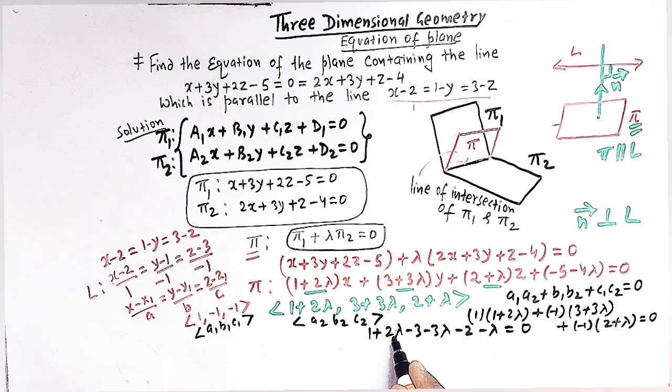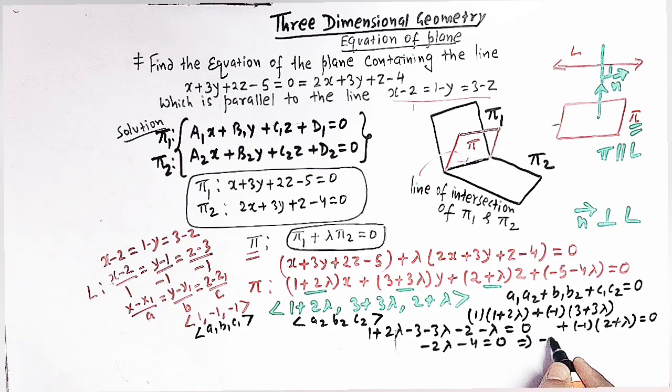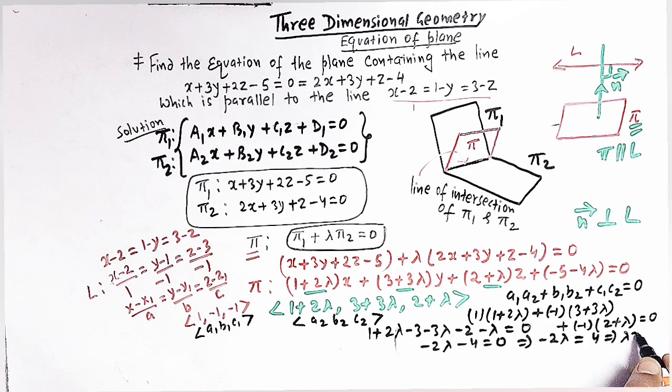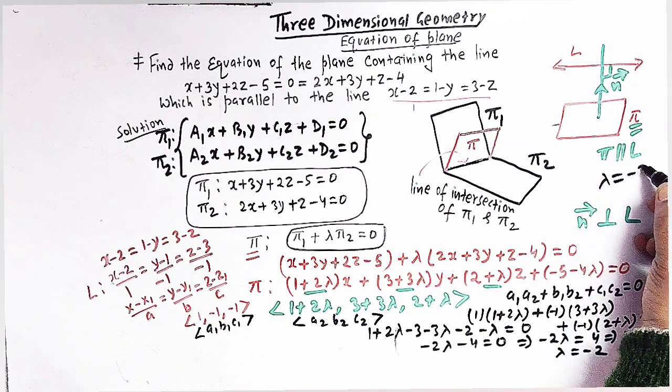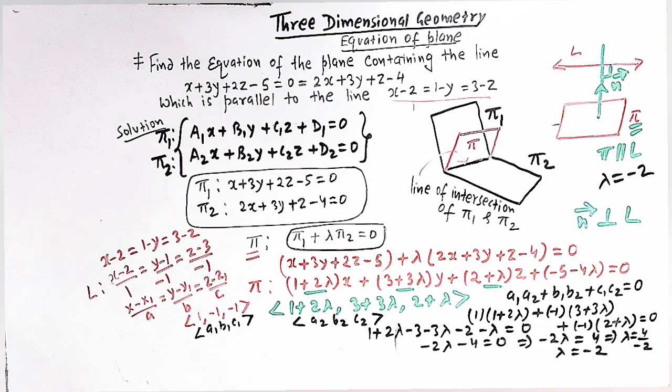So here 2 lambda minus 3 lambda is minus lambda, and minus lambda is minus 2 lambda, and here we have 1 minus 3 is minus 2, and minus 2 it becomes minus 4. So this is minus 2 lambda is equal to 4, and from here lambda is 4 over minus 2. So lambda is equal to minus 2. So the value of lambda is equal to minus 2.